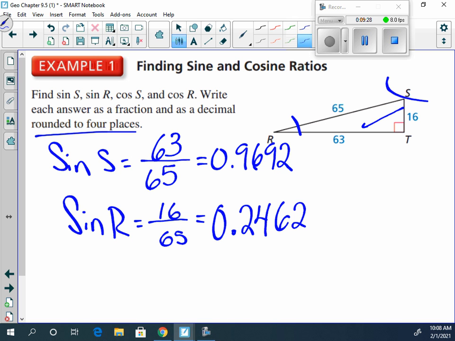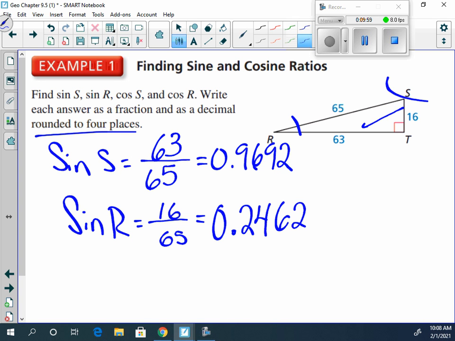Will the value of sine ever be greater than 1? Why not? We could probably get 1, right? But what is this always over? It's opposite over the what? Hypotenuse is always the longest side.